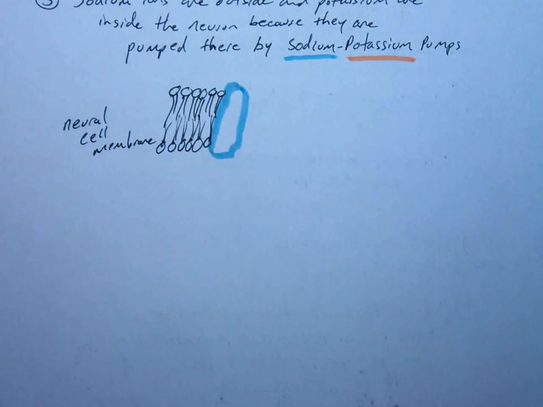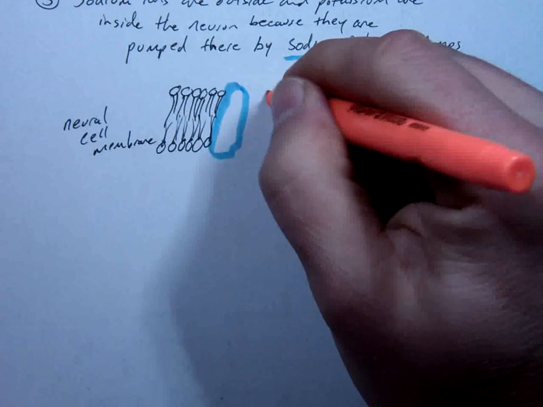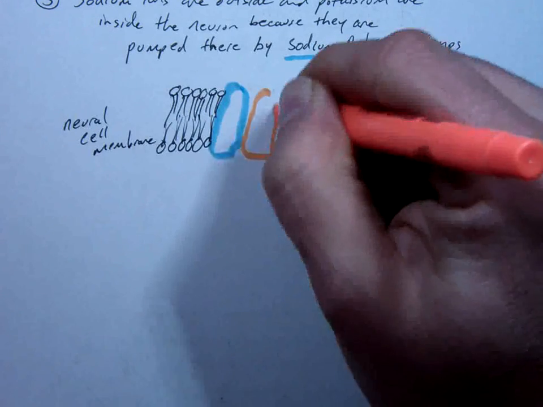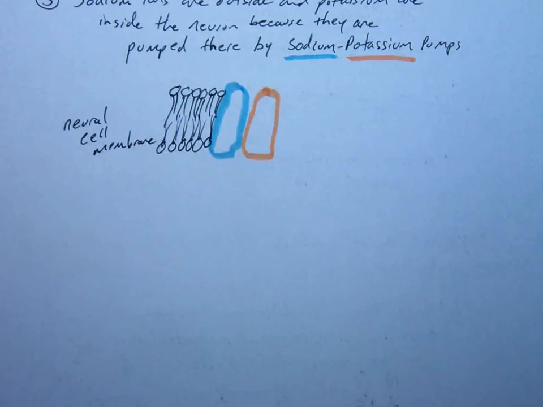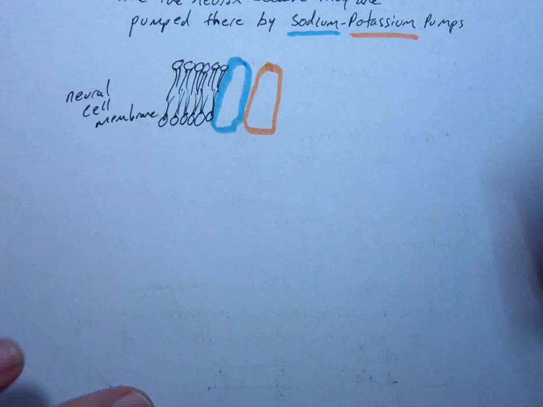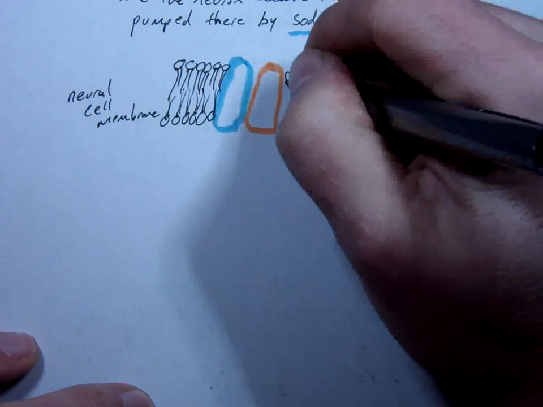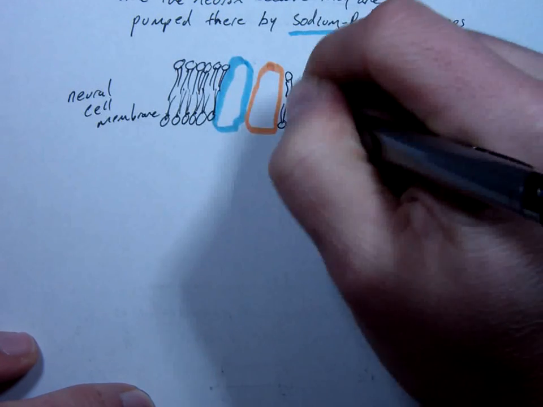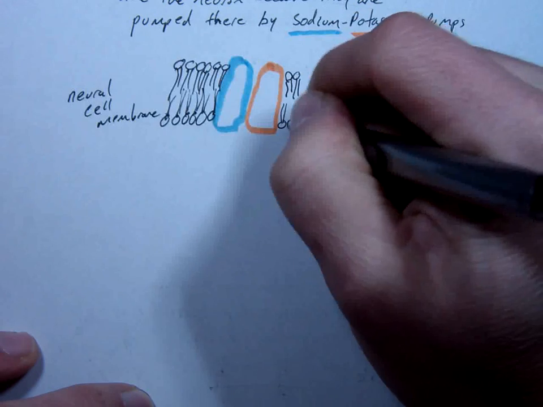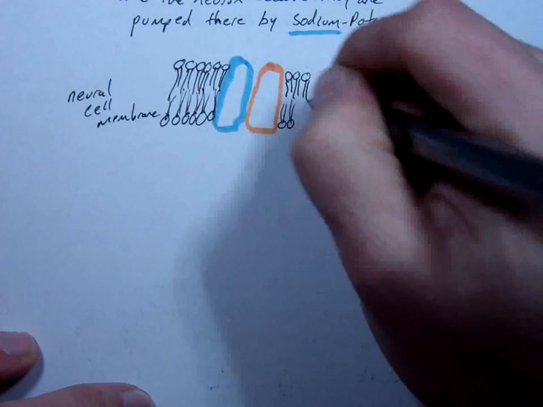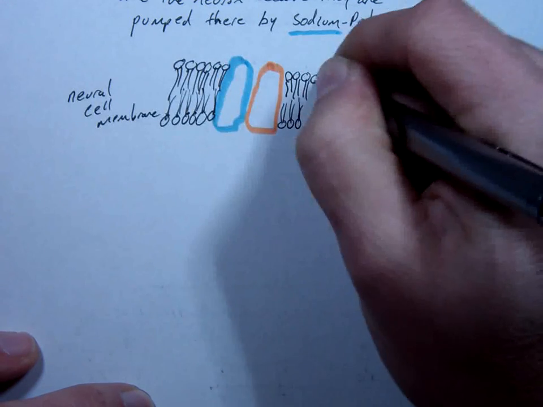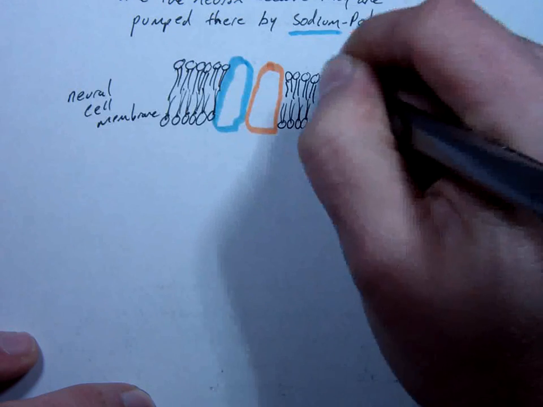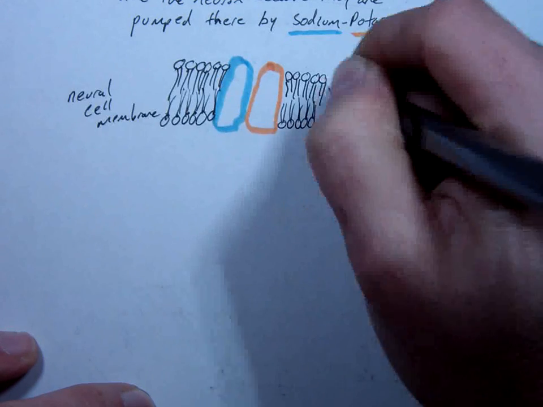Most of the proteins in your cell's membranes are basically just gates. They will either allow things in or out. And this one is a little more complicated. It doesn't allow things in or out.